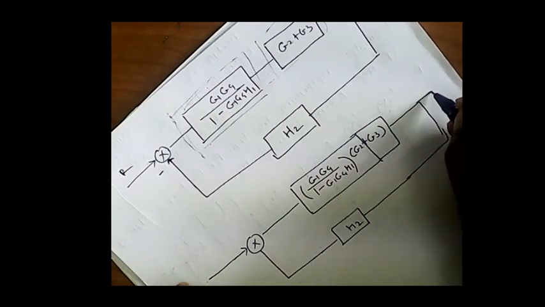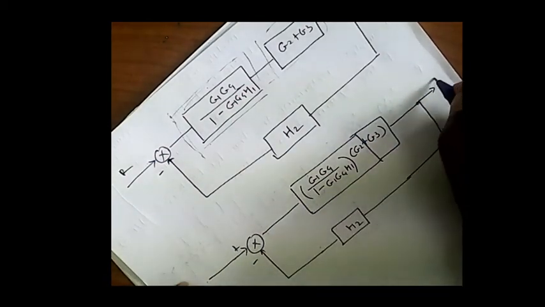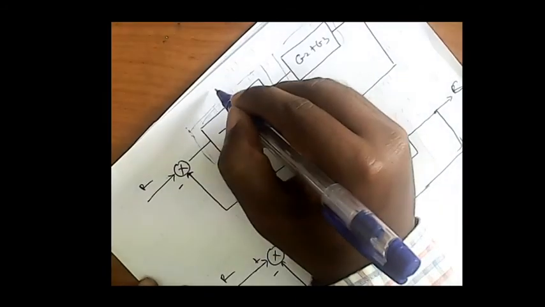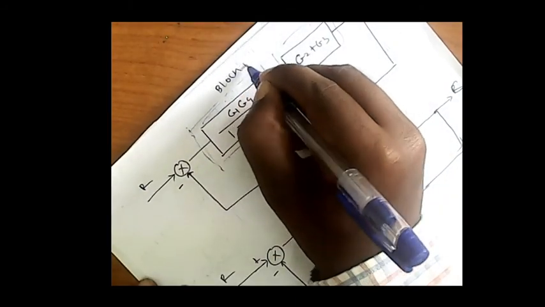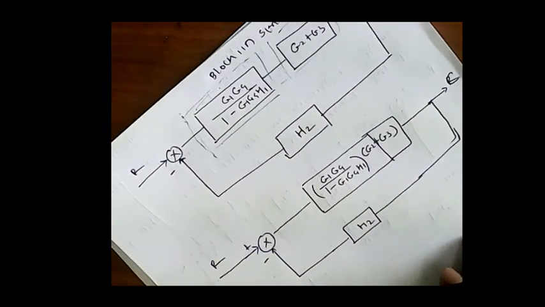This is the reduction rule, and the feedback loop is present as it is, a negative feedback with a positive sign. So this is C and this is R. Now these blocks are in series, so we can multiply them with each other.